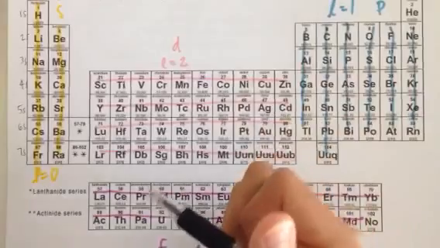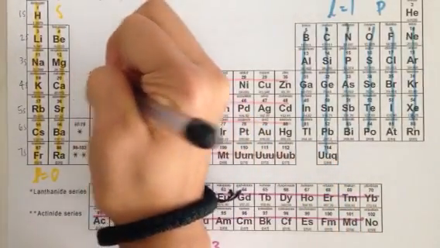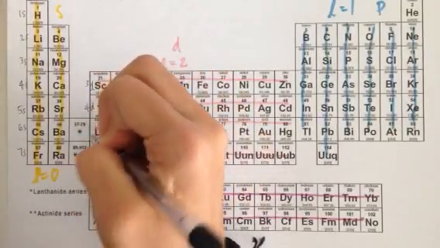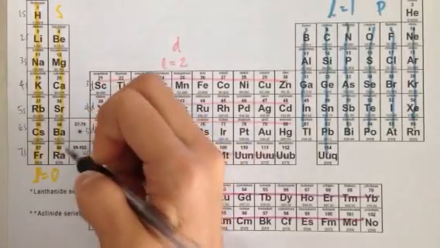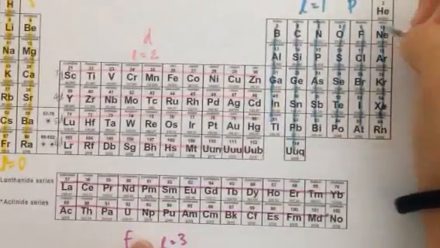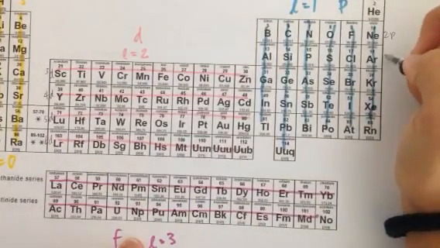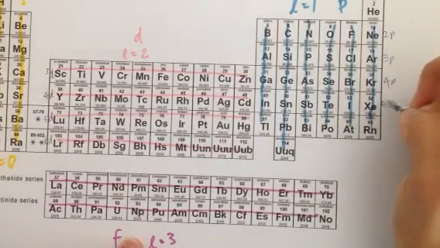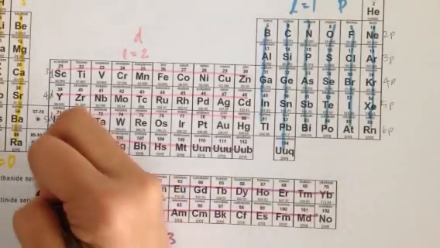It changes for each sublevel. So it starts at 3 in the D sublevel. And then in the P sublevel, it starts at 2. And in the F sublevel, it starts at 4.